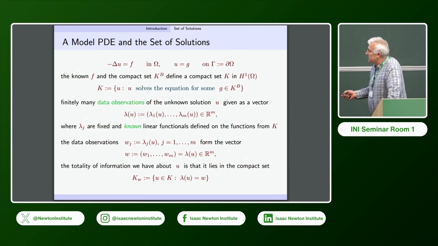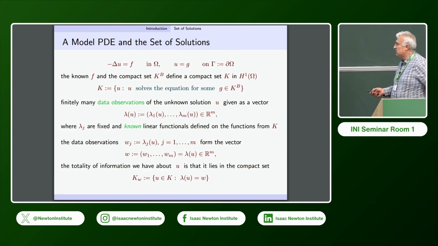So we consider these linear functionals known, but of course the data observations are unknown to us at the beginning. When we have them, we can eventually consider what could be the functions U which satisfy that.